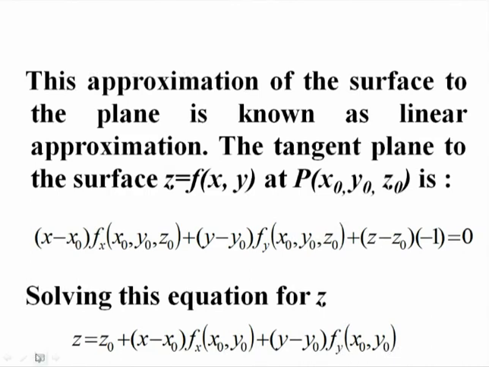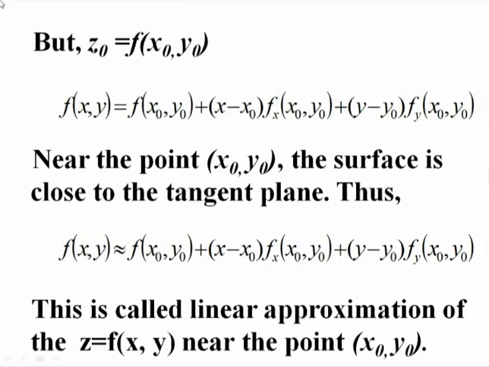After this we know that z0 is f of (x0, y0), so we substitute this value, and z is nothing but f of (x, y), so we are substituting f of (x, y) and f of (x0, y0) for z and z0 respectively. So our equation becomes f of (x, y) is equal to f of (x0, y0) plus (x minus x0) fx at (x0, y0) plus (y minus y0) fy at (x0, y0).